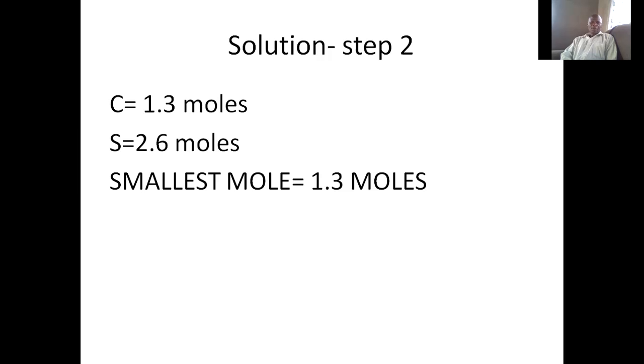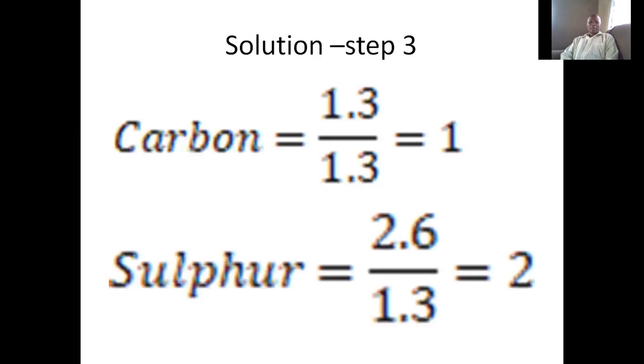So here, the second step is that we identify the smallest number of moles. We have identified that carbon has the smallest number of moles, which is 1.3 moles. The third step is that the number of moles that we have found, we divide by the smallest number of moles. For carbon, remember, we found 1.3 moles. So we divide by 1.3 moles, which gives us 1.